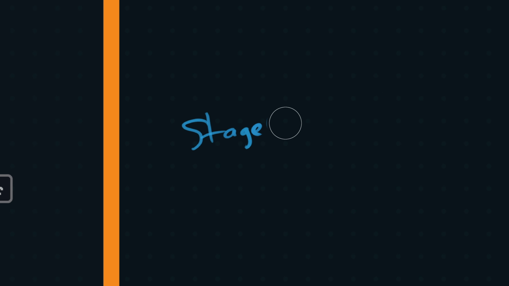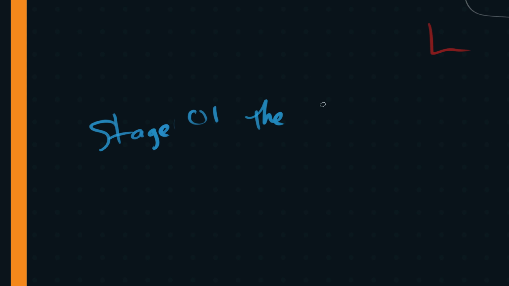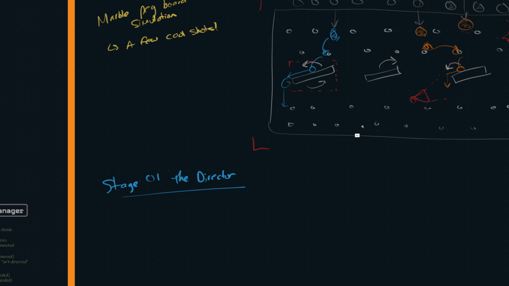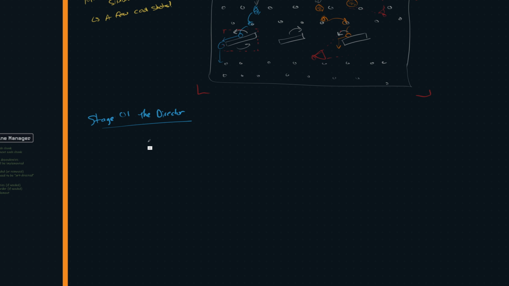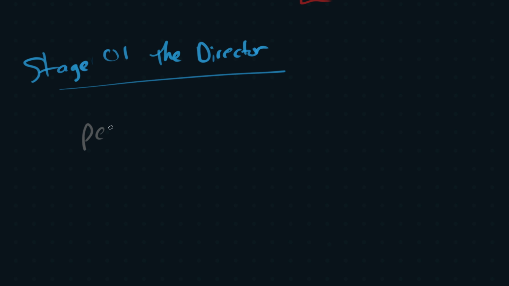Stage 1 is the director. And what we want to do in this stage is we're just going to list out the core components of our shot. So we have our pegboard.